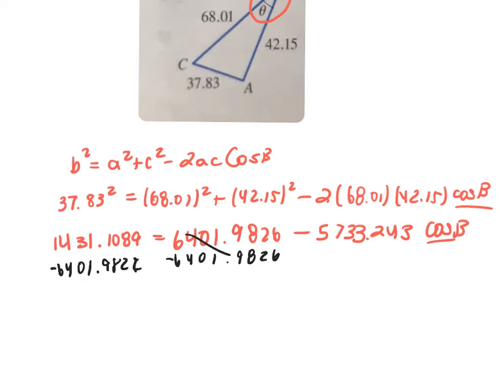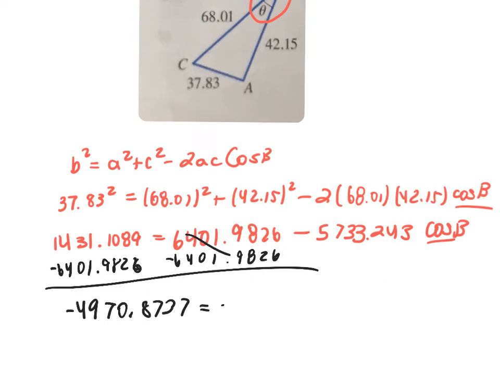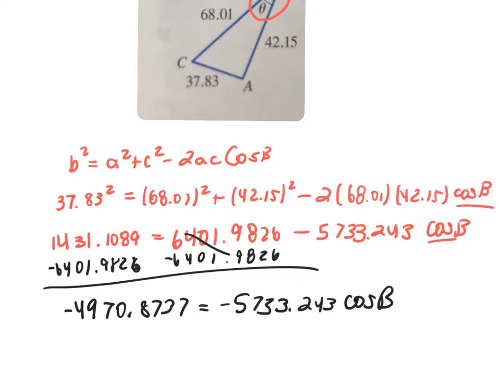So I get 1431.1089 minus 6401.9826, which is negative 4970.8737, equals negative 5733.243 times the cosine of b.